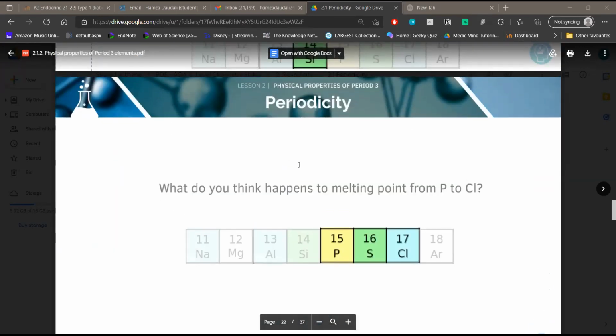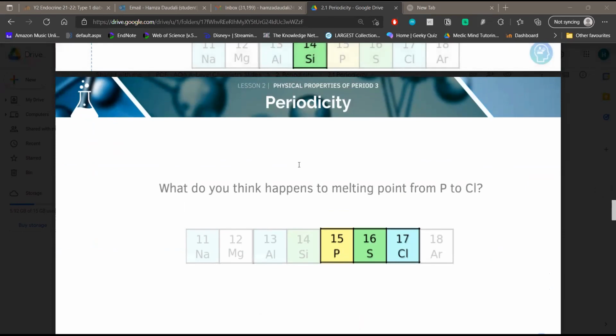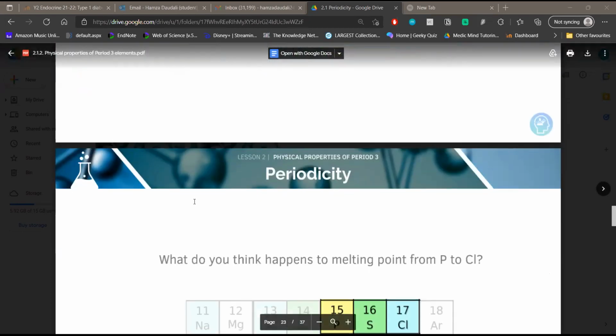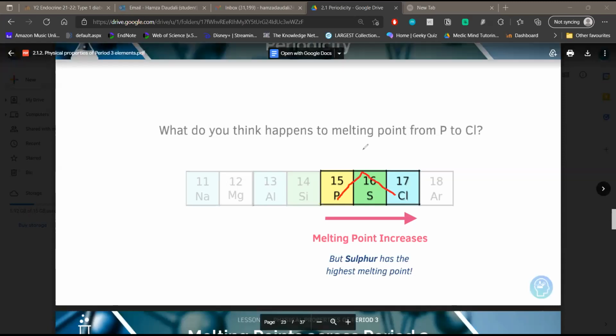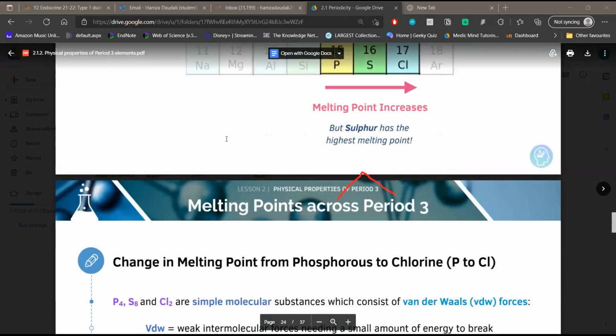So what do you think happens to melting point from phosphorus to chlorine? Decreases, yeah. Well, no, sorry, the melting point kind of goes like this: phosphorus, sulfur, and then chlorine. And it's literally to do with how they're structured.